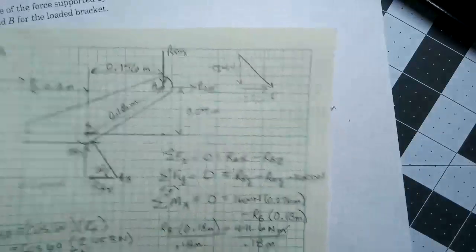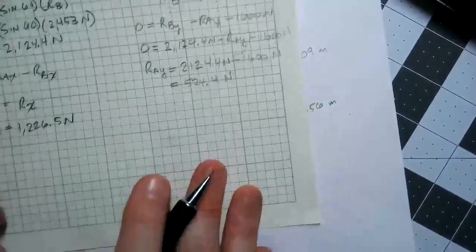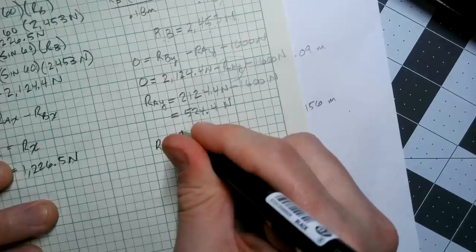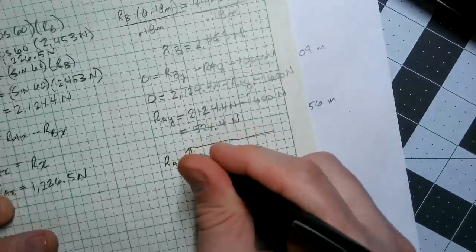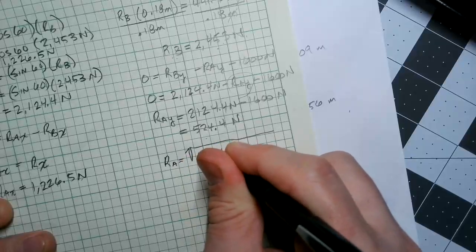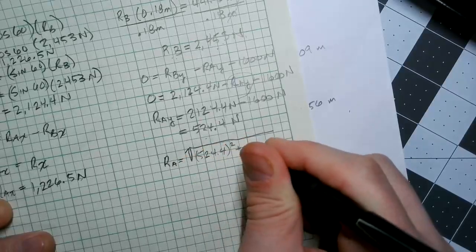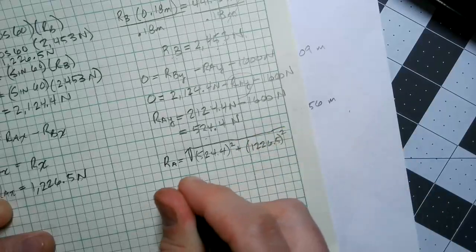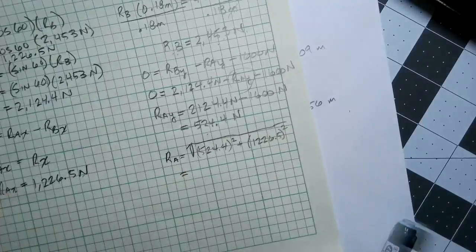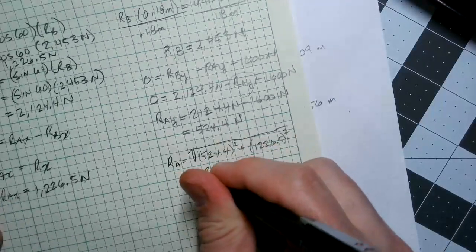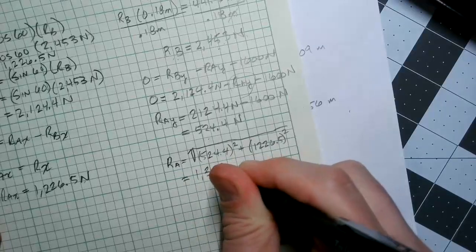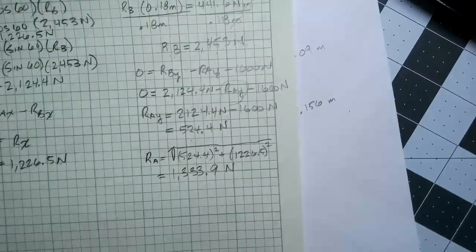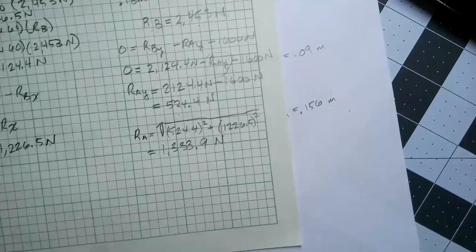So RA is equal to the square root of 524.4 squared plus 1,226.5 squared. So RA is 1,333.9 newtons.